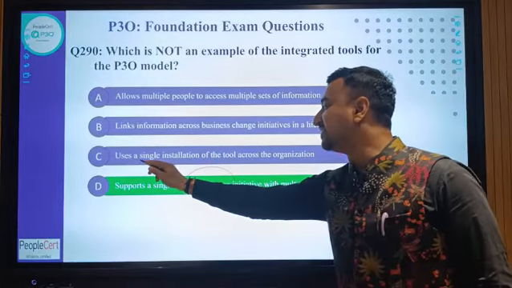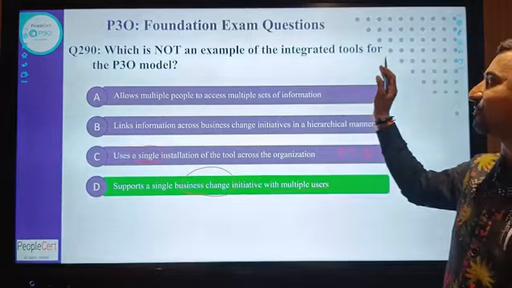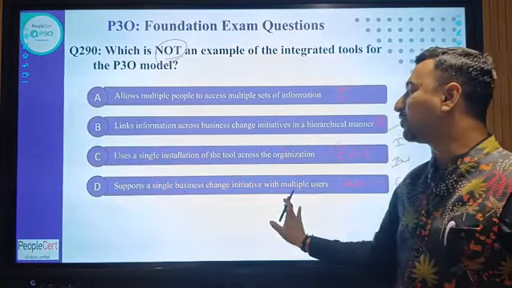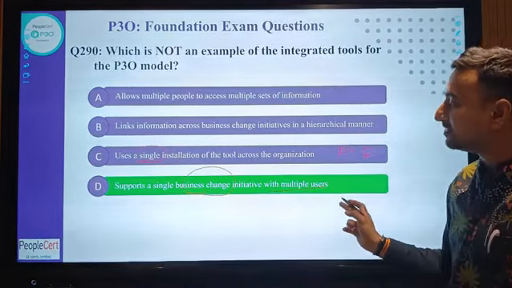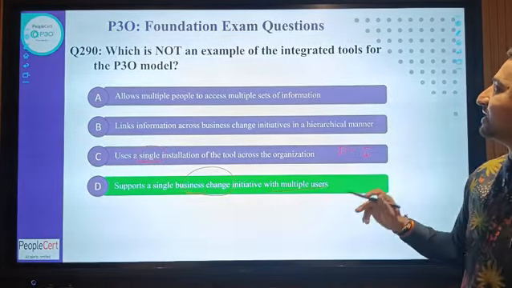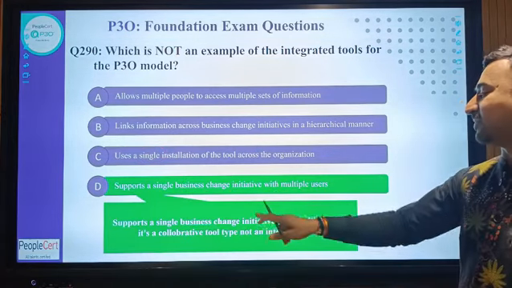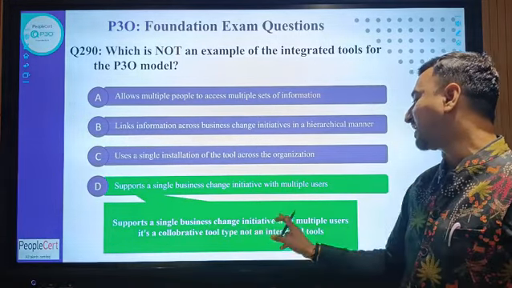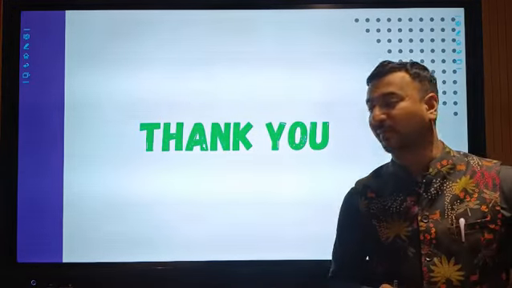I had misread that single installation, but it is an example of integrated. So the correct answer would be the one that says support single business change initiative with multiple users, which is not an example of the integrated tool. And the justification: support single business change initiative with multiple users is a collaborative tool type, not an integrated tool type. So I hope you have learned from it. Thank you.